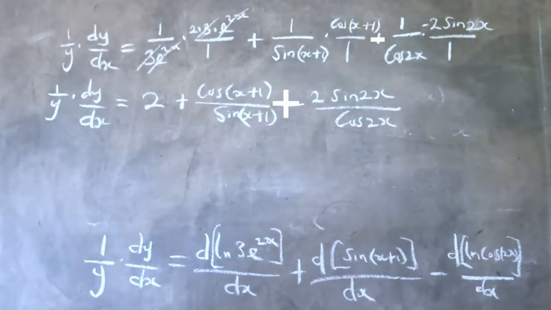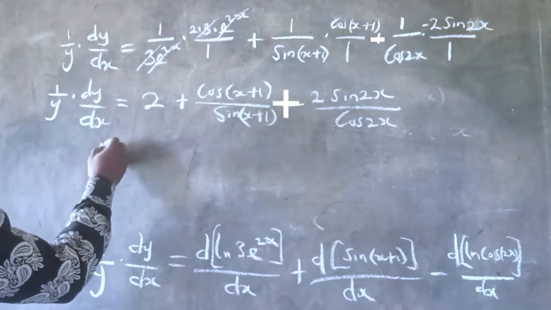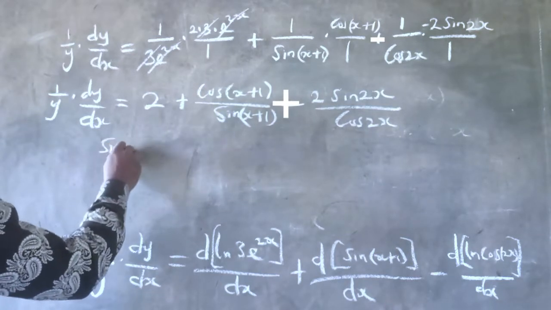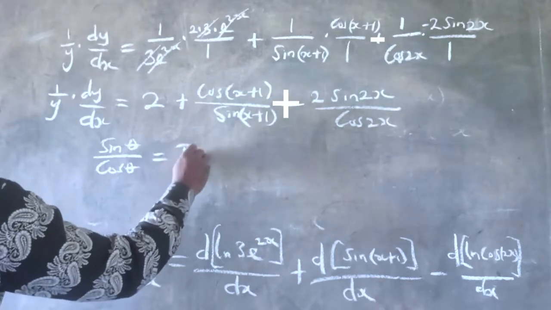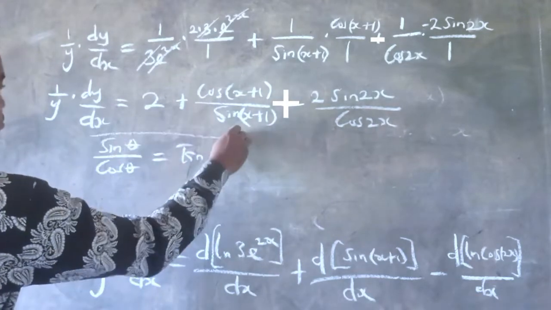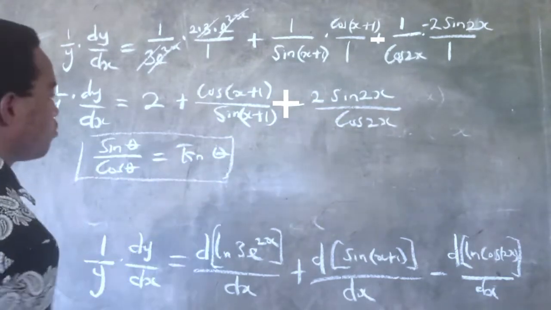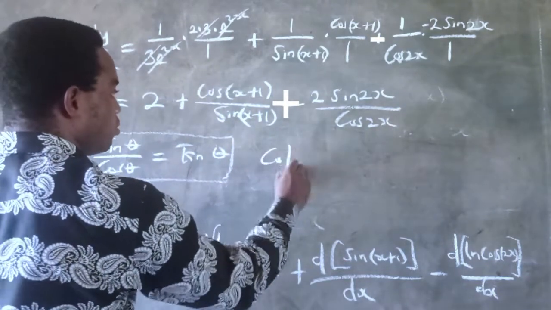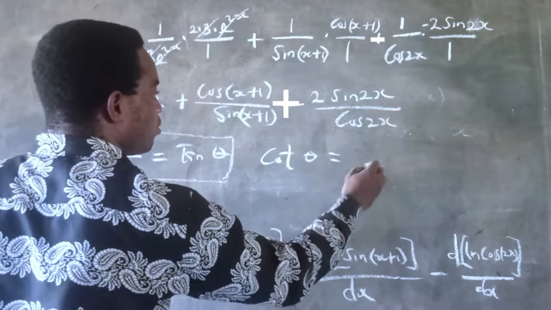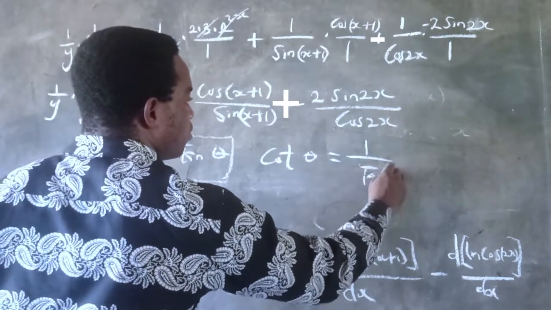Okay, now from here on we should remember that the sine of theta over cos of theta is tan of theta. So I hope you remember this in trigonometry. And the cot of theta is 1 over tan of theta.